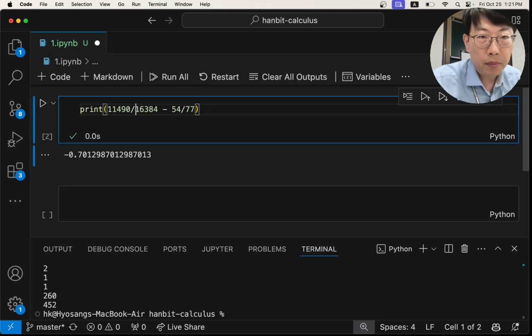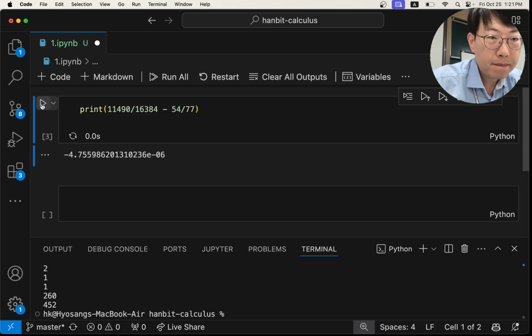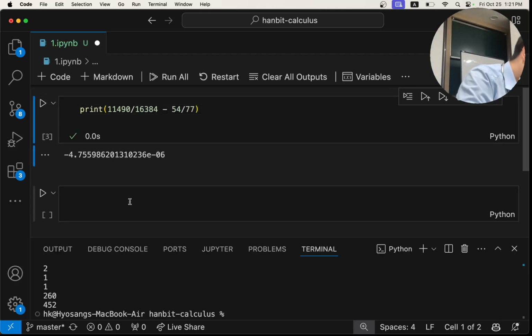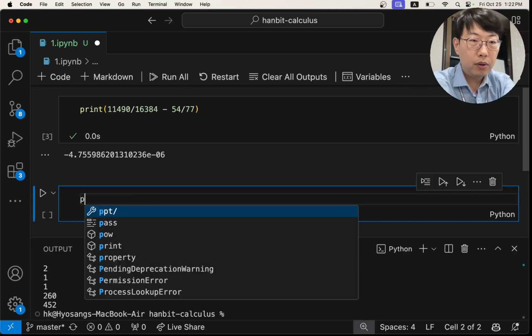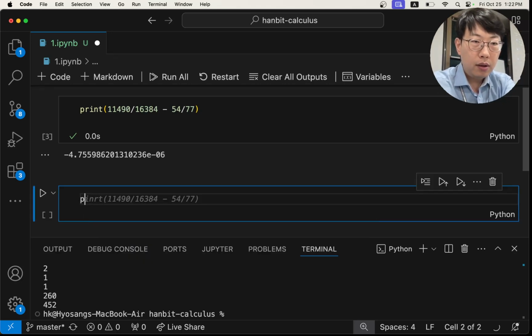Oh, sorry, I made a mistake here. Oh, yes. So here it's 4.76 times 10 to the minus 6. And let's compute the upper bound.